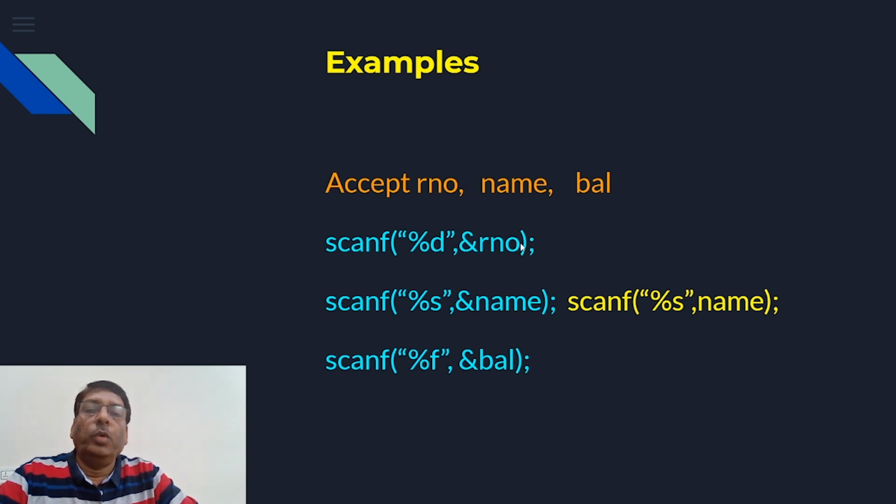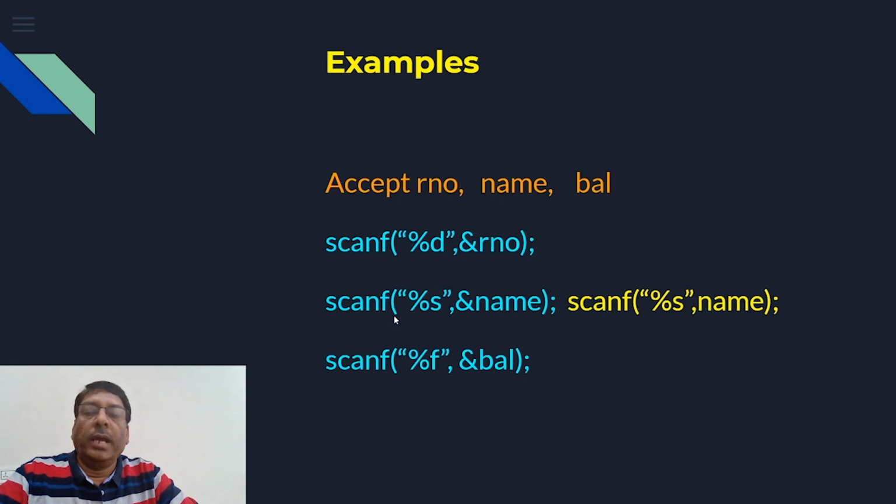Ampersand RNO means you are creating a variable called RNO, which is nothing but a memory in our computer, for which ampersand is going to provide an address. So you are going to store the value of roll number in the memory, for which the address is given by ampersand, and the name of that particular location is written as RNO.